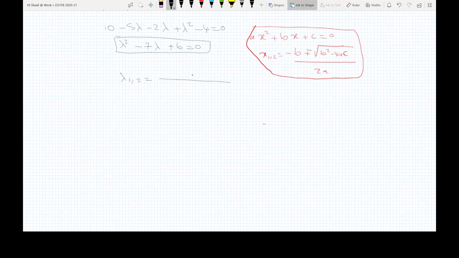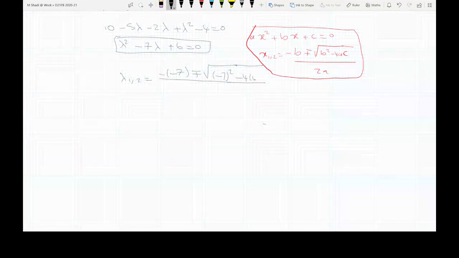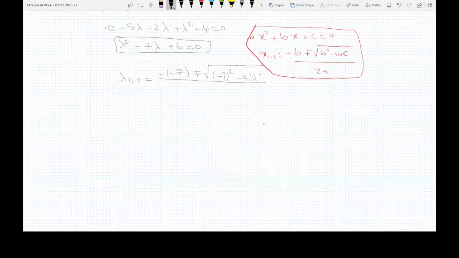Now, I'm going to use that to solve this equation. So first of all, minus b is minus 7. So I have minus 7 plus minus the square root of b squared, this is minus 7 squared, minus 4 multiplied with a, 1, and c, this is 6, divided by 2 multiplied with a, this is 1.